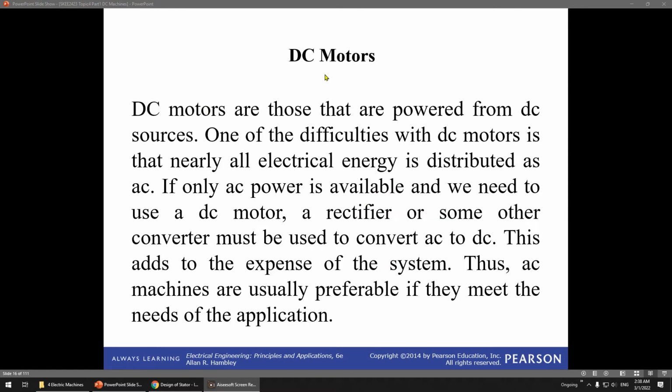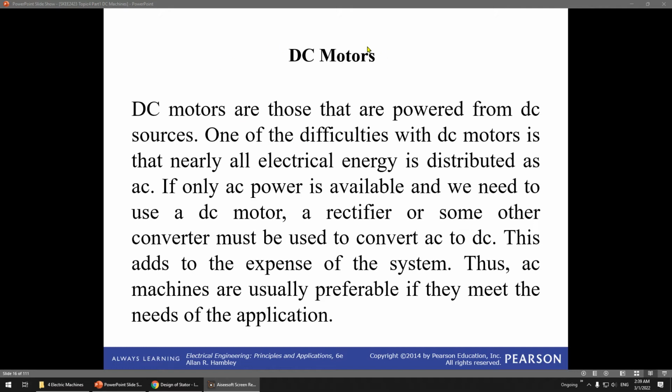Next is the DC motor. DC motors are those that are provided by a DC source. One of the difficulties with the DC motor is that nearly all electrical energy is distributed as AC. If only AC power is available and we need to use a DC motor, a rectifier or some kind of converter is used to convert AC to DC.